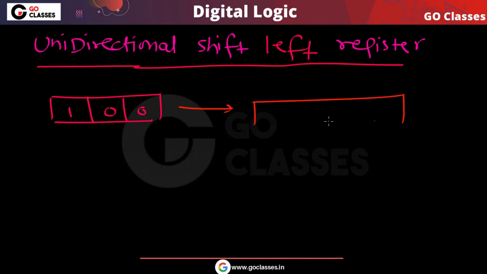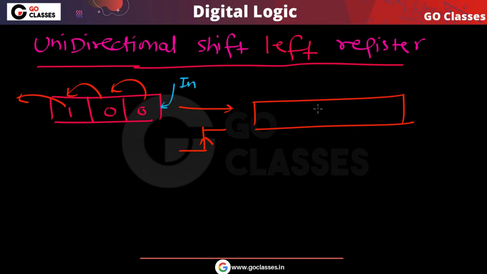After one clock pulse, after one positive edge, the data should shift in the left direction. This is the new data that we are inserting. So this is what we want.